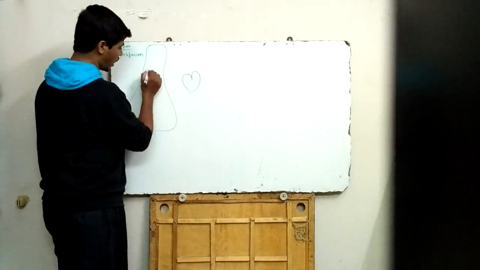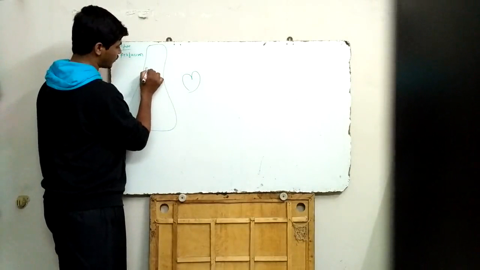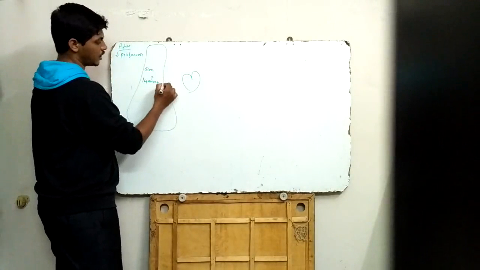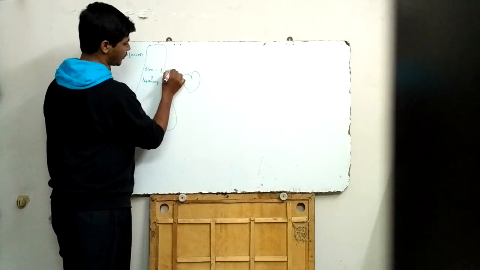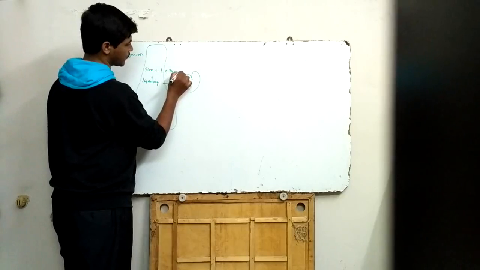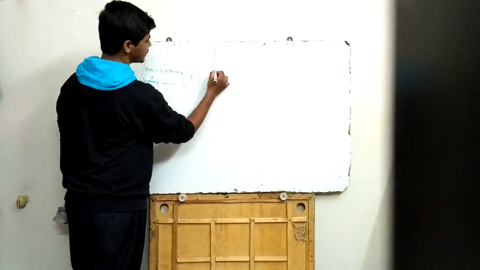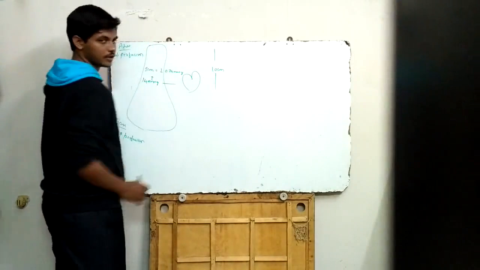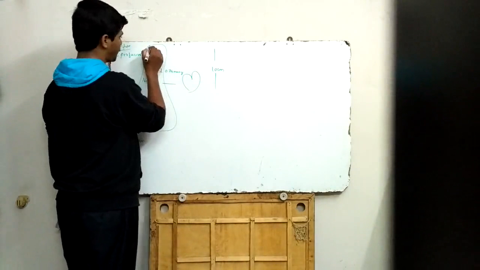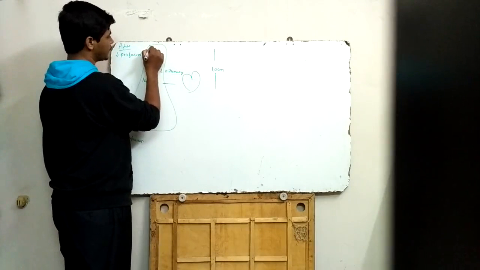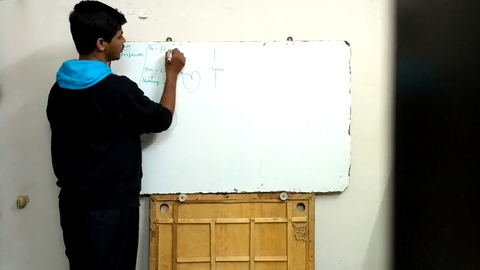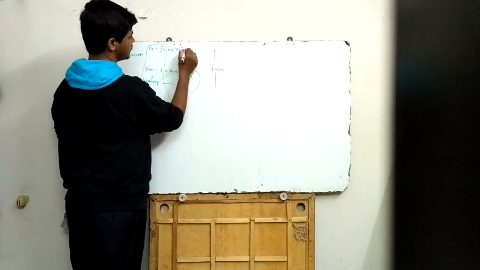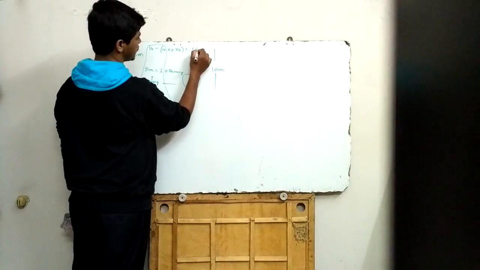As you go upwards, for every 1 centimeter above the level of the heart, the pressure falls by 0.74 mmHg. And the apex is located 10 centimeters above the level of the heart. So the pressure at the apex will be 14 mmHg minus 10 into 0.74, which is 6.6 mmHg.